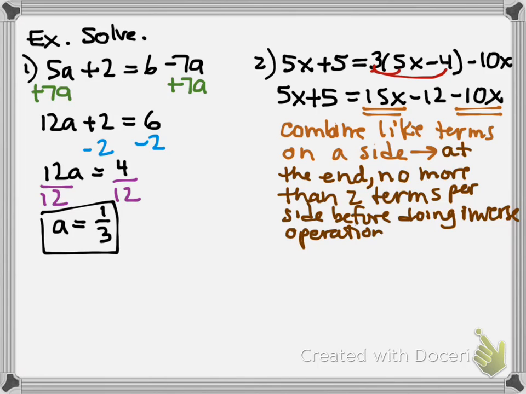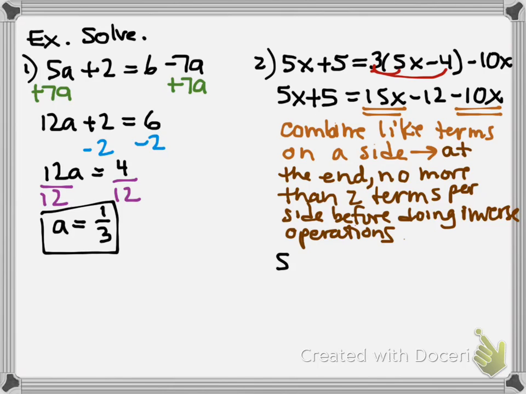So before I can start getting variables on the left and constants on the right, I've got to make sure that I have no more than 2 terms. If you don't take care of this step, then you're subtracting 15x from both sides, you're adding 10x to both sides, and it's doubling up the time. So the best idea is to combine things together.